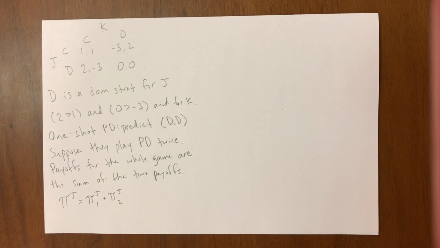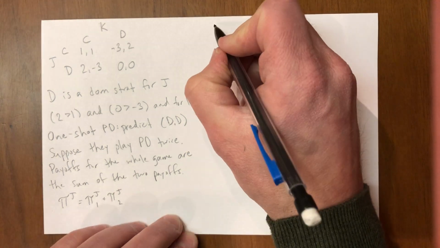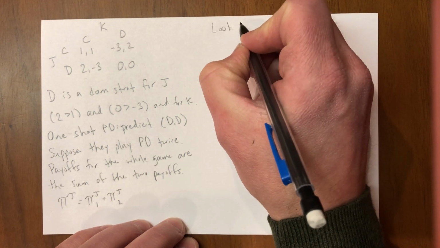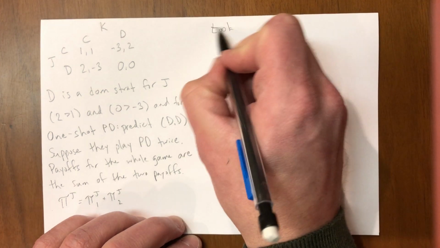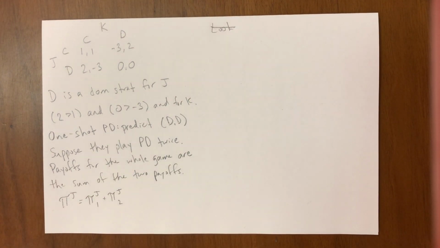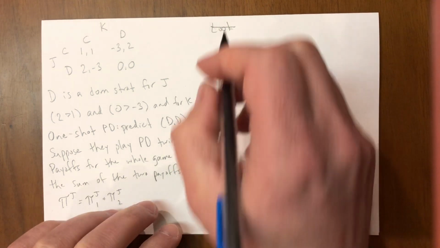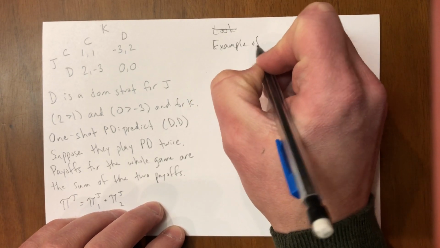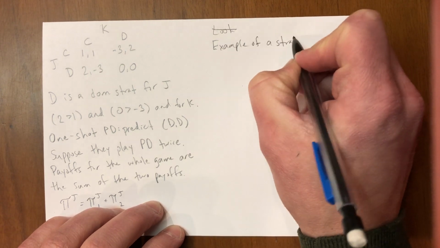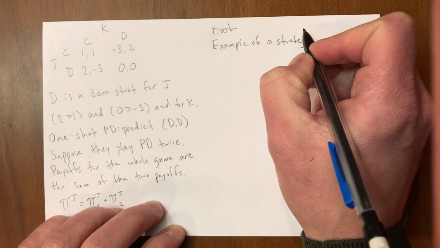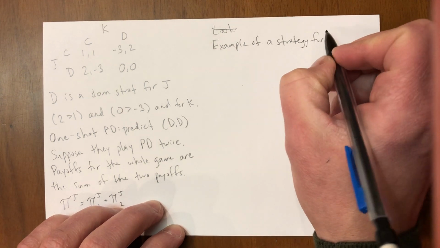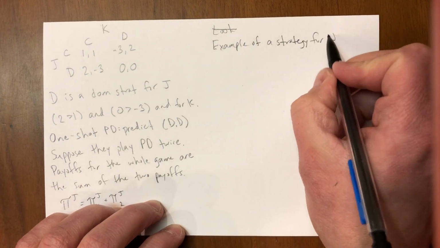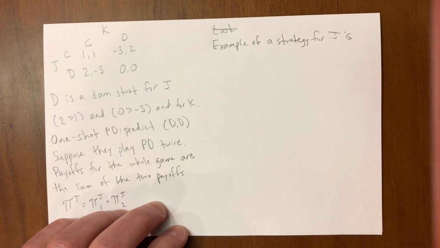Okay, so let's look first for Nash equilibria. Well, actually, you know what? Before we start looking for Nash equilibria, let's back up 1 second and just talk about what a strategy means in this case, right? So an example of a strategy for J would be something like this.